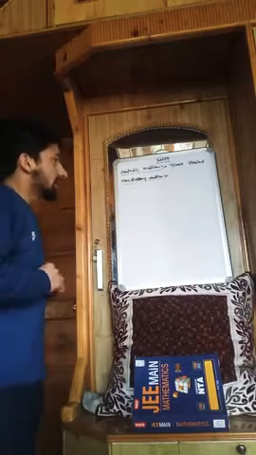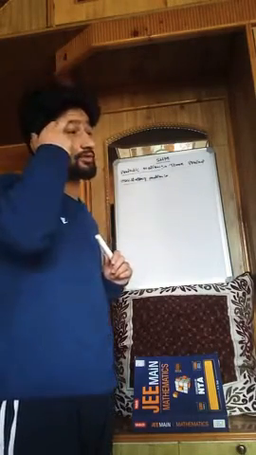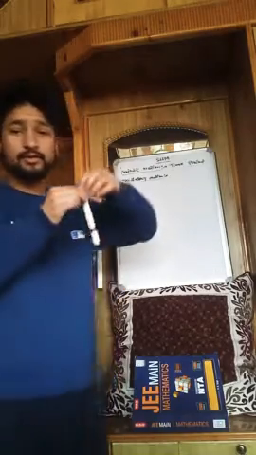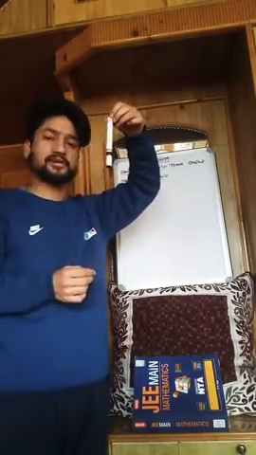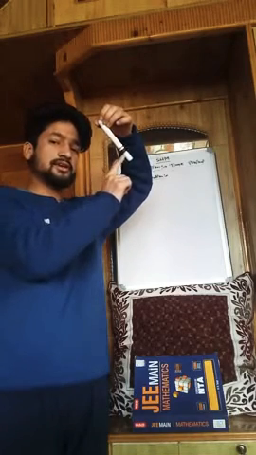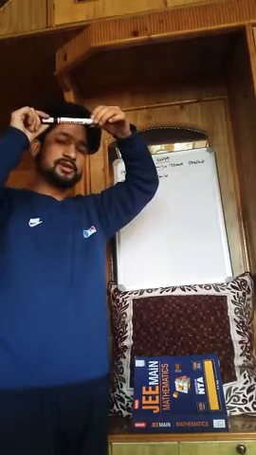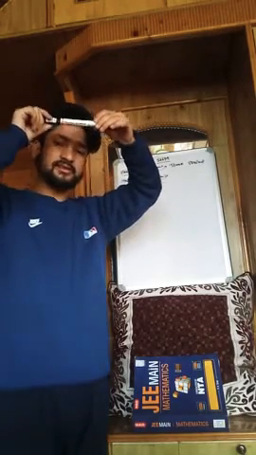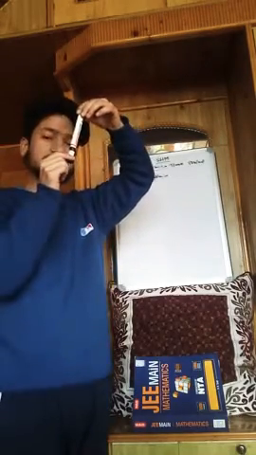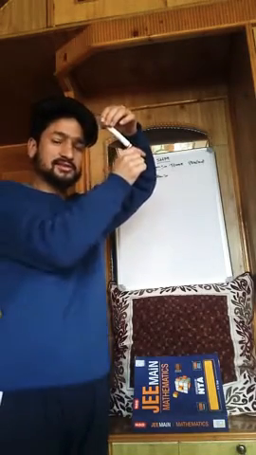Taking an example of oscillatory motion, look at this pen. When I apply force on this marker, you will see it first moves in this direction, and after reaching this point, it moves in this direction.